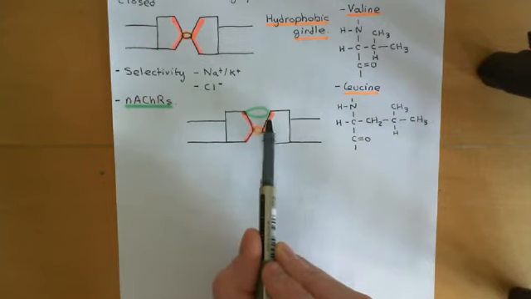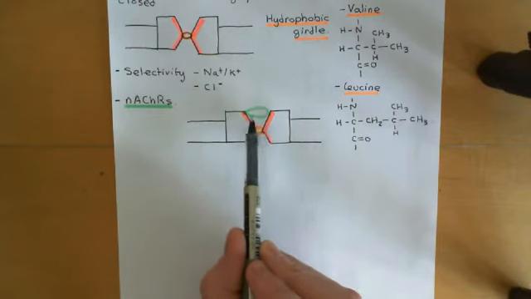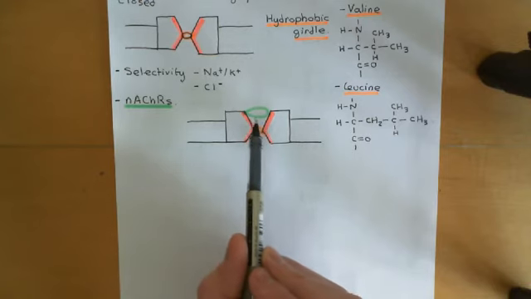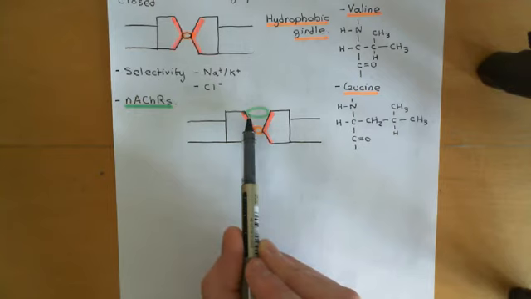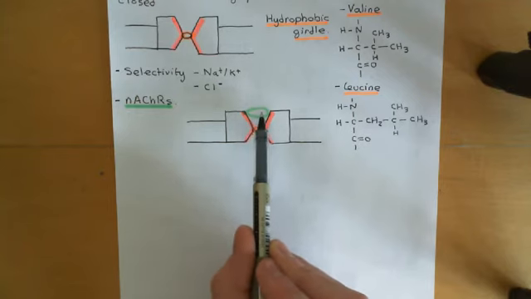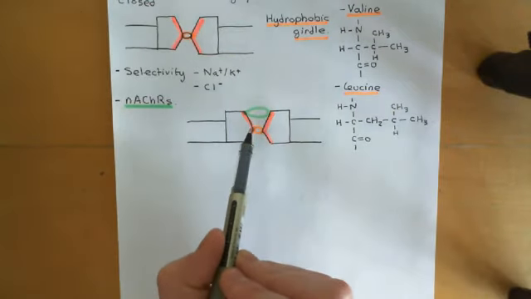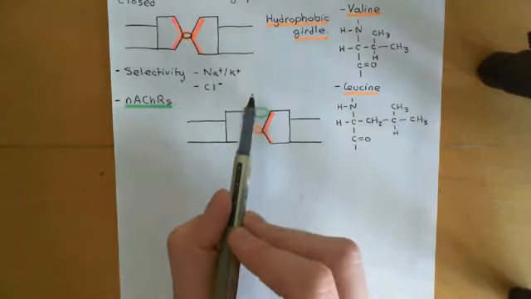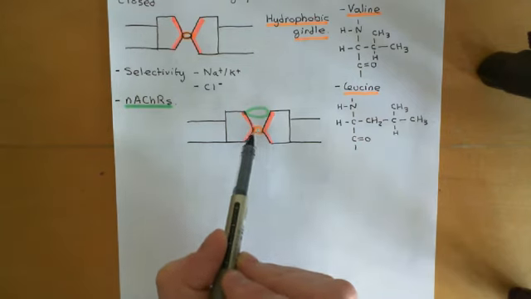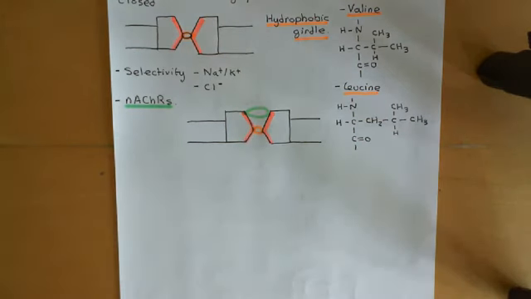Each one of the 5 M2 helices will have a negatively charged residue at this point, and these negatively charged residues will be facing into the pore, and that is going to repel away negatively charged ions that would like to come into here, and it's going to be attracting in positively charged ions. So this is how the nicotinic acetylcholine receptors are going to select for positively charged ions.